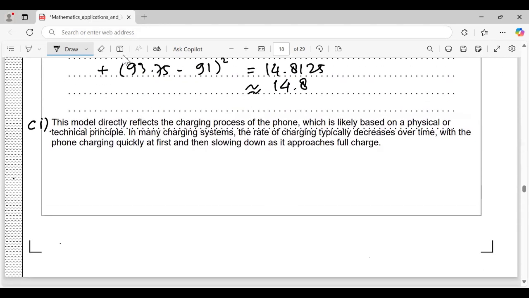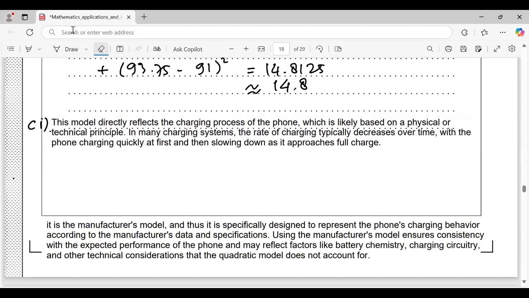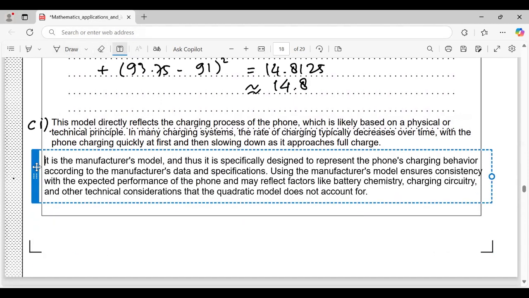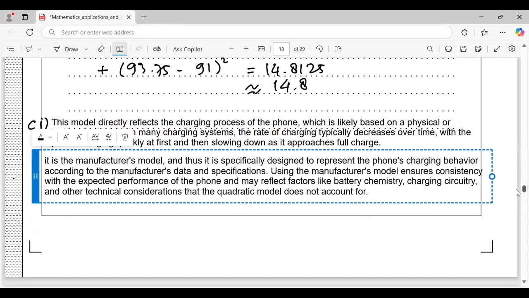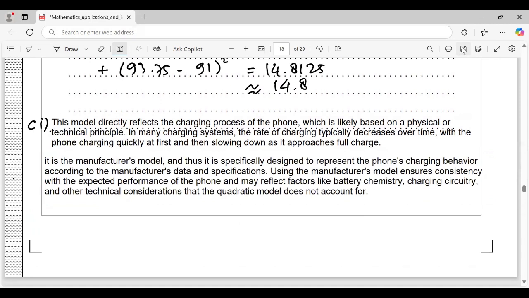I have provided that as well with my explanation. This is C part 2.